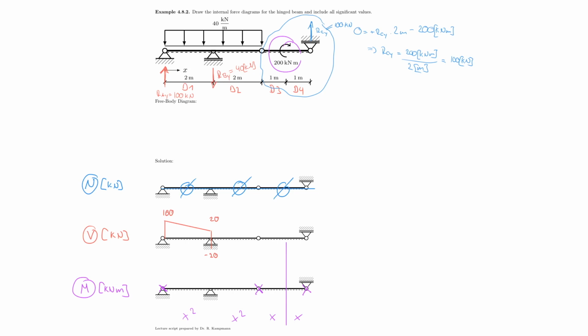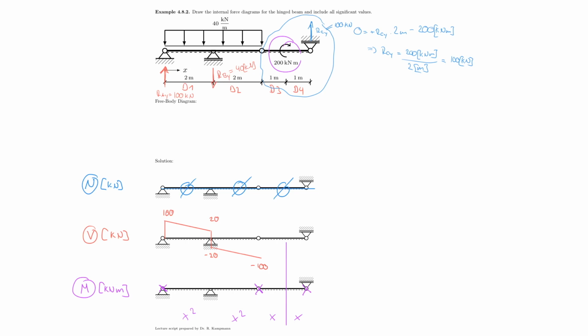And my slope has to continue because the slope of negative 40 did not change. So I'm going down with negative 40 for each meter. And so I'm ending up at effectively minus 100, which is a good thing, because now it has to stay constant, right?